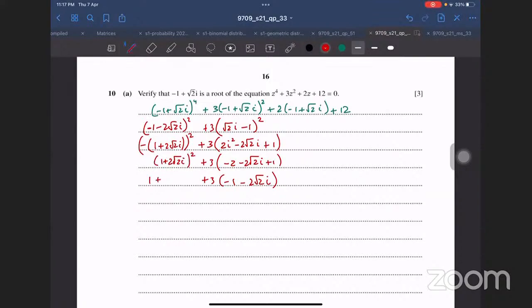So 1 plus 4 root 2i plus 8i squared. 1 plus 4 root 2i minus 8, minus 3 plus 6 root 2i, and bringing this further as well, minus 2 plus 2 root 2i plus 12, minus plus 10 plus 2 root 2i.